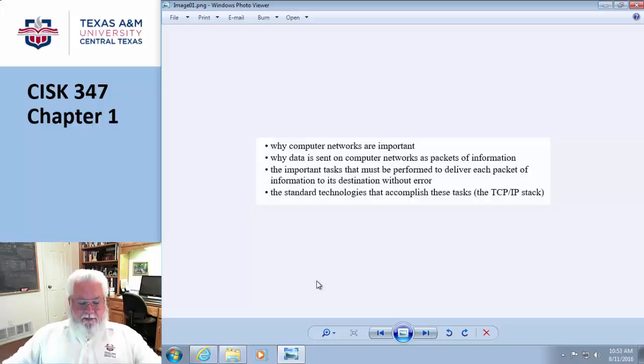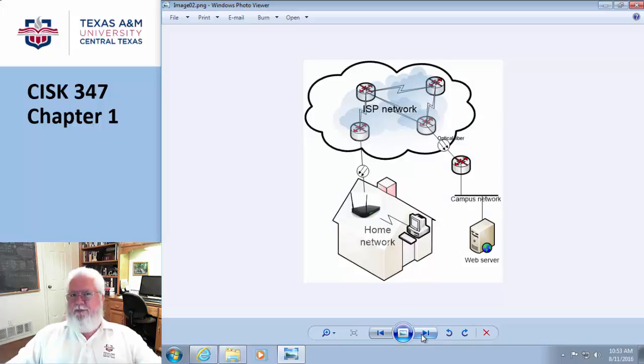On page 2, they talk about some examples of a network you're likely to have in your home. This resembles what I have. In my house, I have a home network. I've got a few machines that are hardwired in and a few machines that go on Wi-Fi.